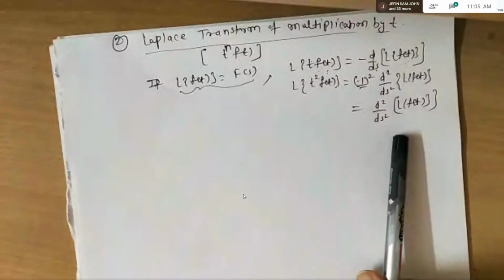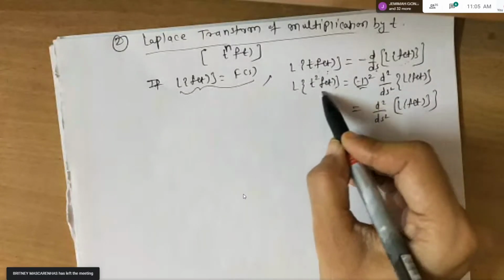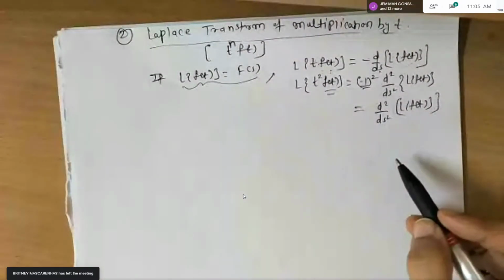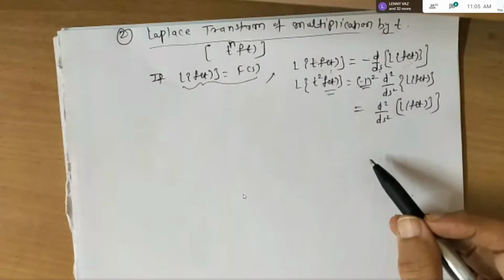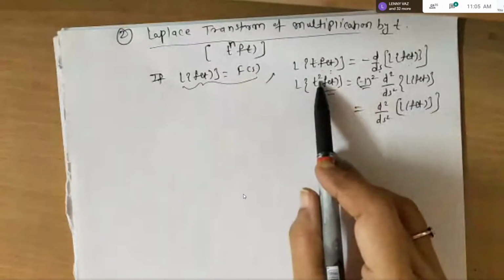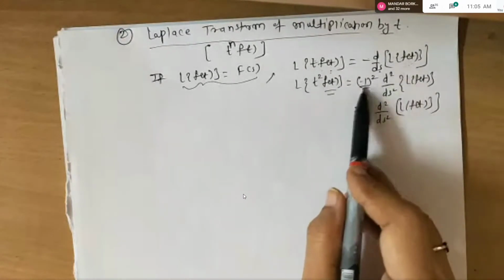In this case, first you find the Laplace transform of the other function other than t square. Whatever answer you get, you have to differentiate it twice. Why twice? Because the power of t is 2. Here you don't have to give any minus sign.